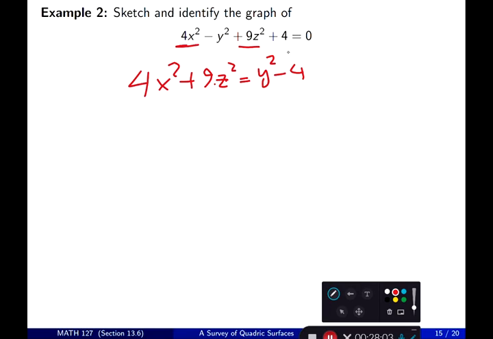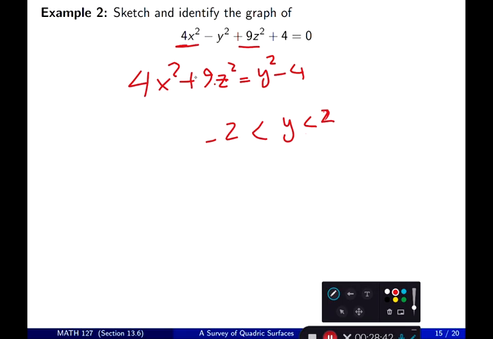So in this case, I can see that if y is less than 2 and bigger than -2, then I don't see any x and z values.